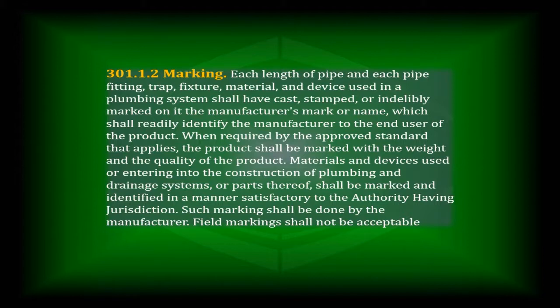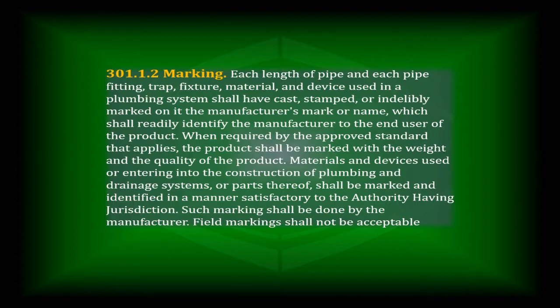301.1.2 Markings. Now this is pretty straightforward. Each length of pipe, fitting, trap, fixture, material, and device used in a plumbing system shall have cast, stamped, or indelibly, which means put there by the factory, marked on it the manufacturer's mark or name, which shall readily identify the manufacturer to the end user of the product.